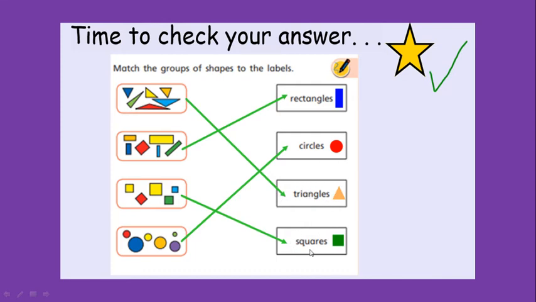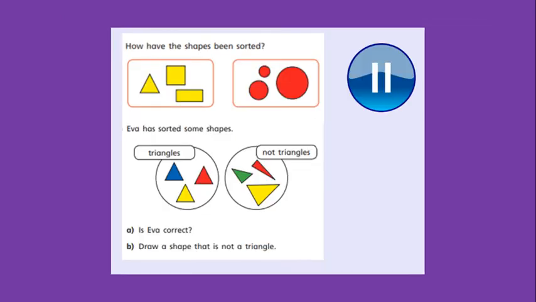And then the last one was squares. And if you remember, squares have got the same length sides. Each one is the same length. If you were to get a little ruler and measure, you would find that every true square has got the same length sides on each of its 4 sides. So that's really good. So well done if you got that answer correct.